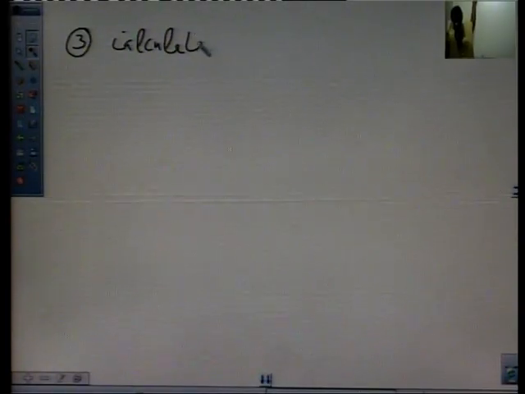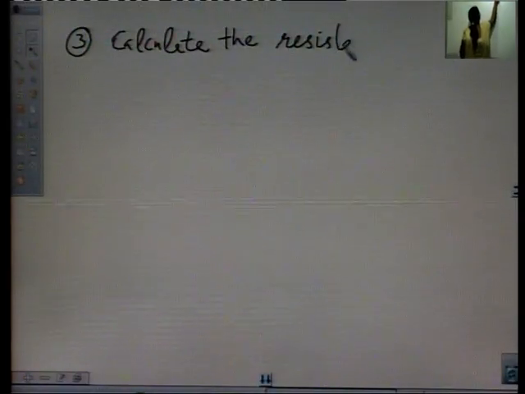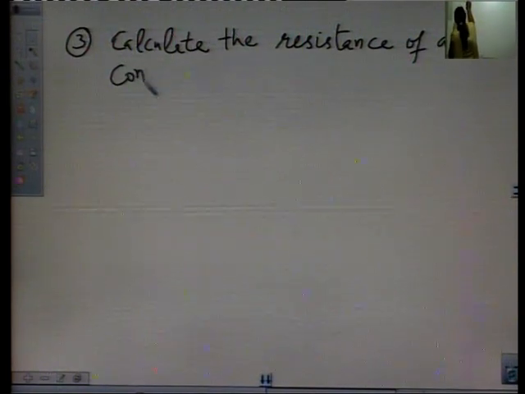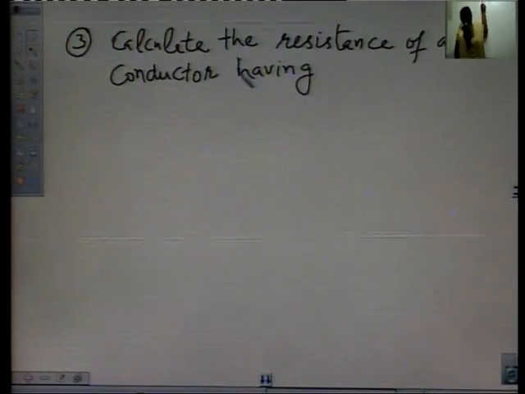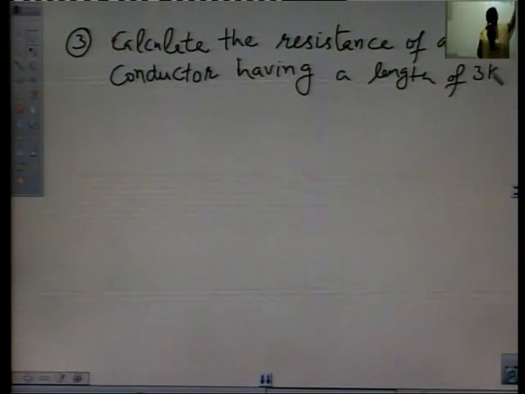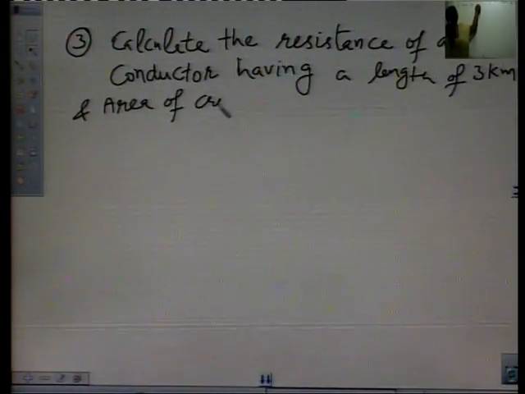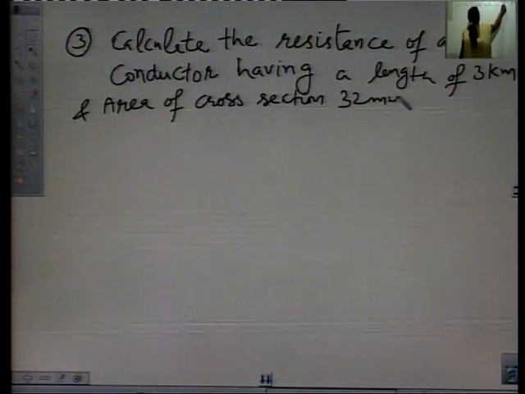The next is the numerical which is based on the resistance and resistivity. It says that calculate the resistance of a conductor having a length of 3 kilometer and area of cross section 32 mm square.